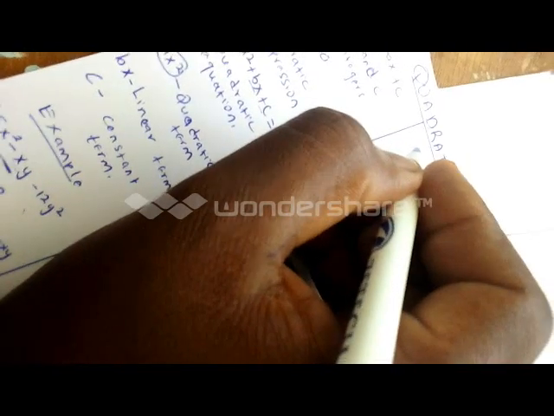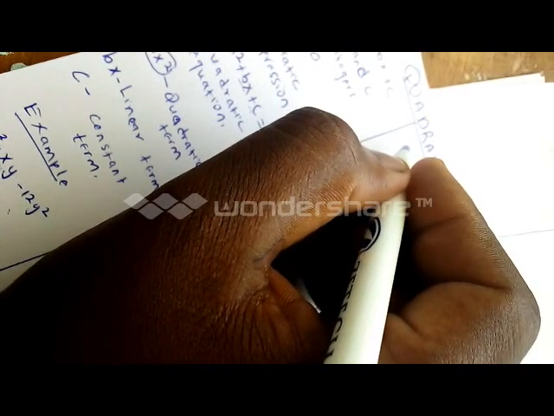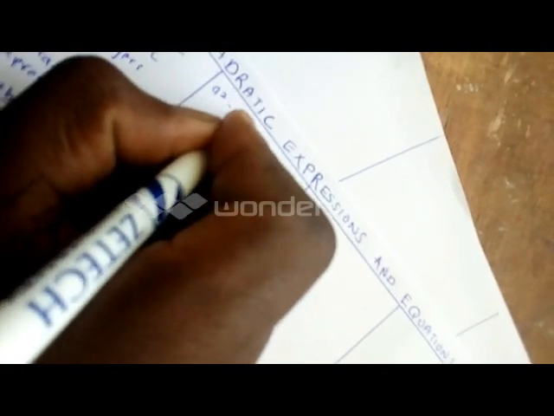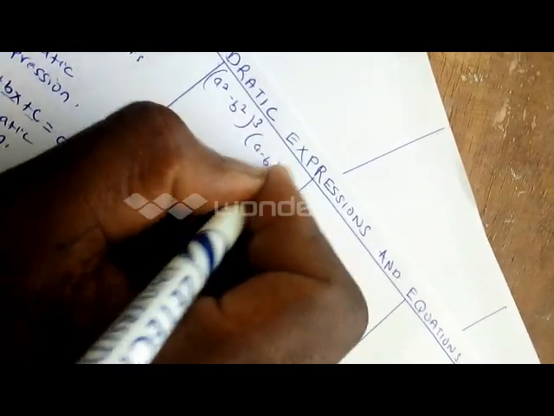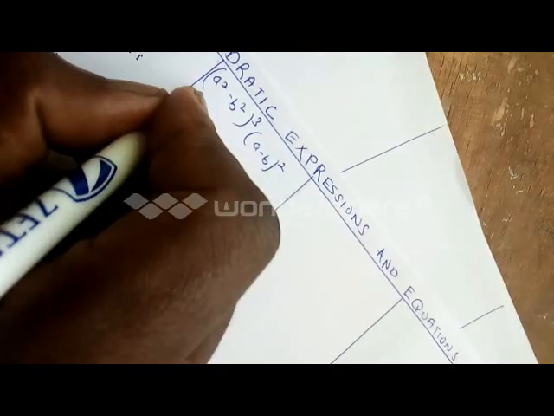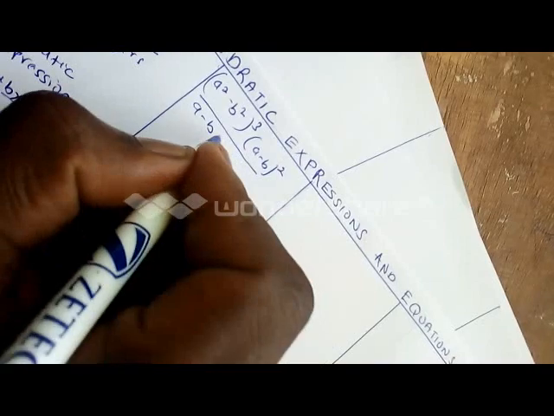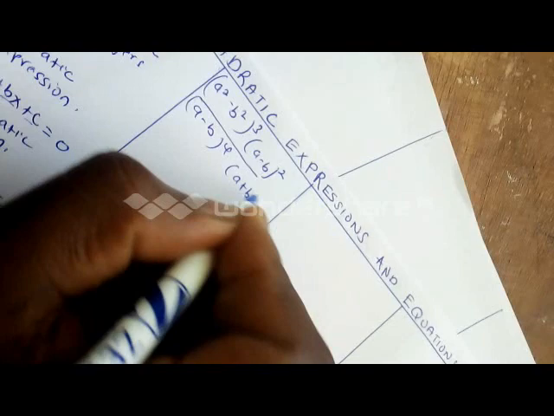So in that case, if we continue with solving that expression, you find that our expression, which is (a squared minus b squared) raised to power 3, (a minus b) squared all over (a minus b) raised to power 4, (a plus b), that was our question.